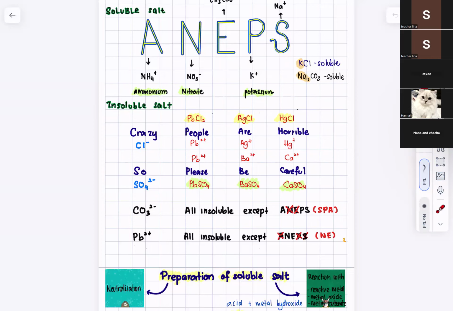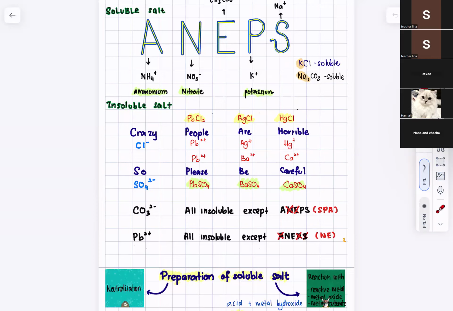Silver sulfate, soluble or insoluble? Soluble. Barium sulfate, soluble or insoluble? Insoluble. Lead II nitrate, soluble or insoluble? Insoluble. Very good, good job.